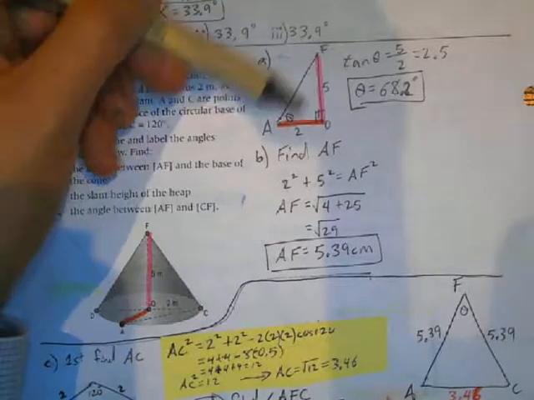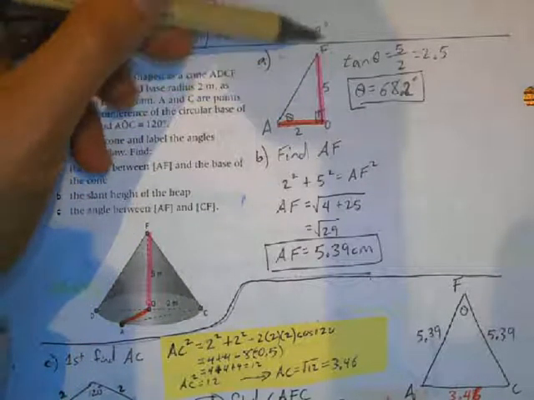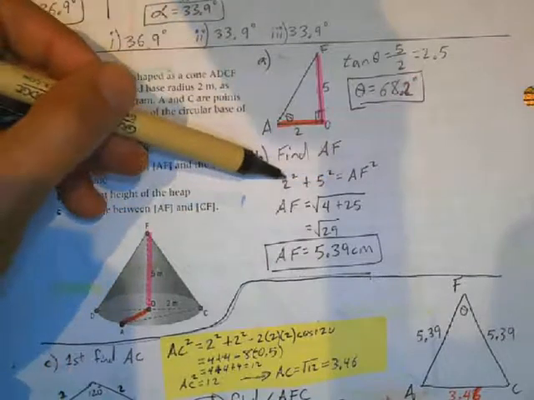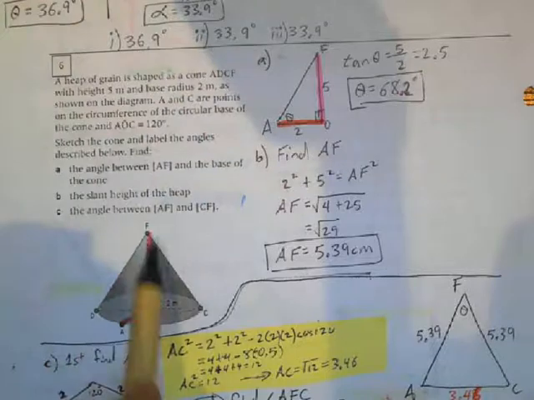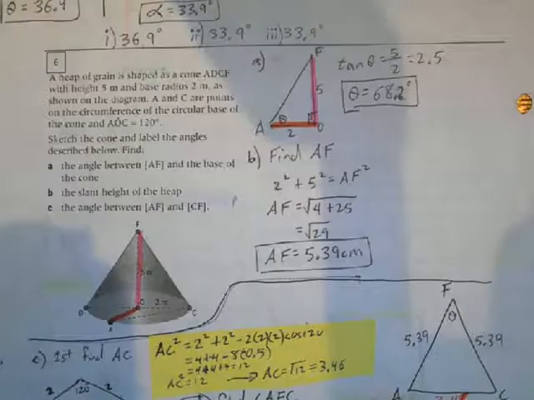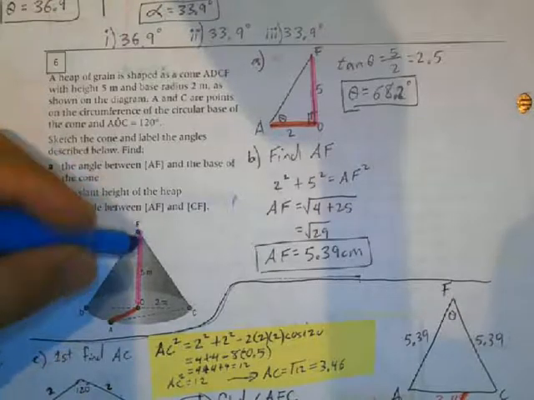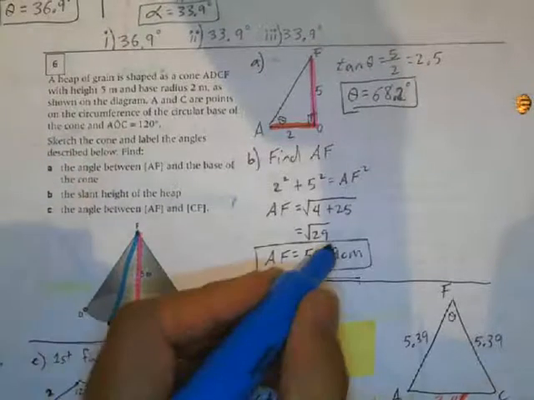So 2 squared plus 5 squared is going to give me AF squared. So 2 squared plus 5 squared is going to give me 29. Square root of that, the length of A to F is 5.39.